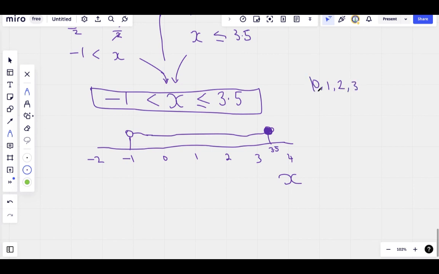It's not a whole number. If they just say integer, they don't say positive integer, you have to include your -1. No, x is greater than -1, so it's not even part of it. So these are your integers, 0, 1, 2, and 3 for this question. Is that okay? Now let's move on quickly.